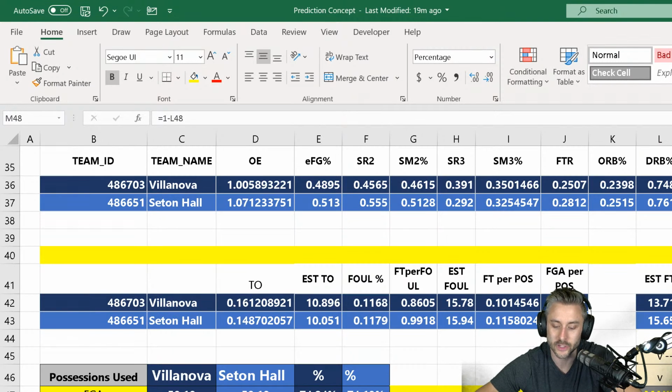And from there, you can calculate what percentage of the misses was an offensive rebound and a defensive rebound. Well, how do you do that? You multiply 53.8% times Villanova's offensive rebound percentage expectation, 23.998%, and you get 12.9%.